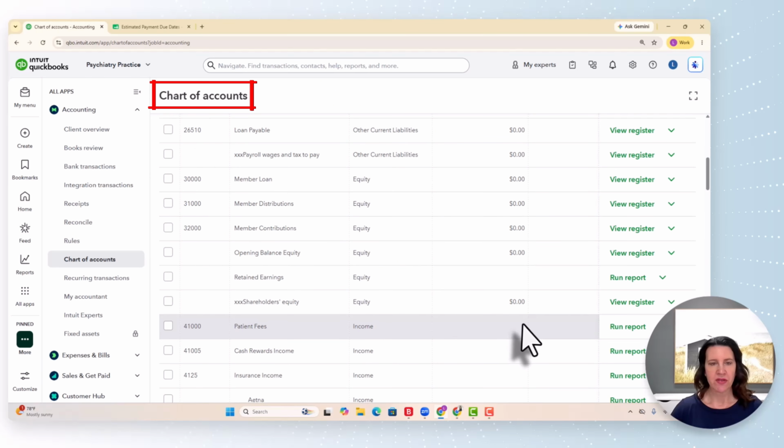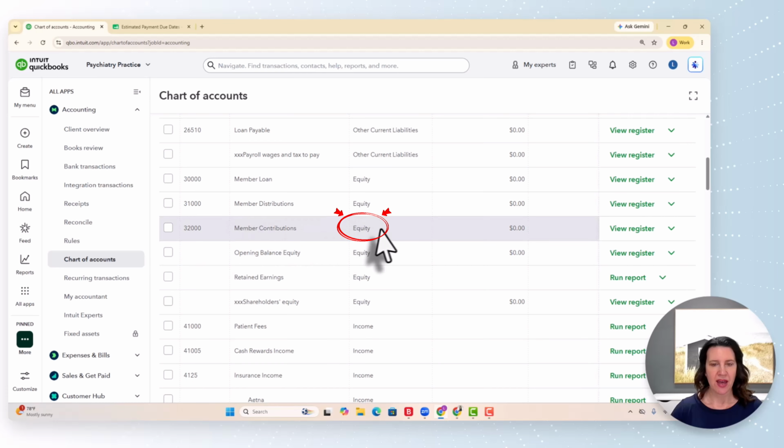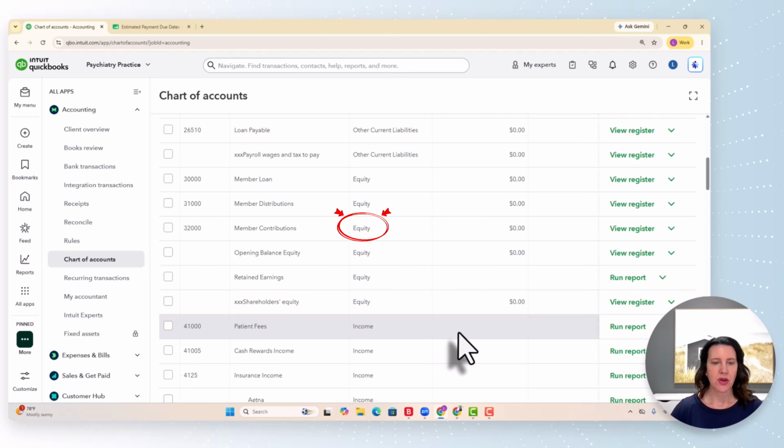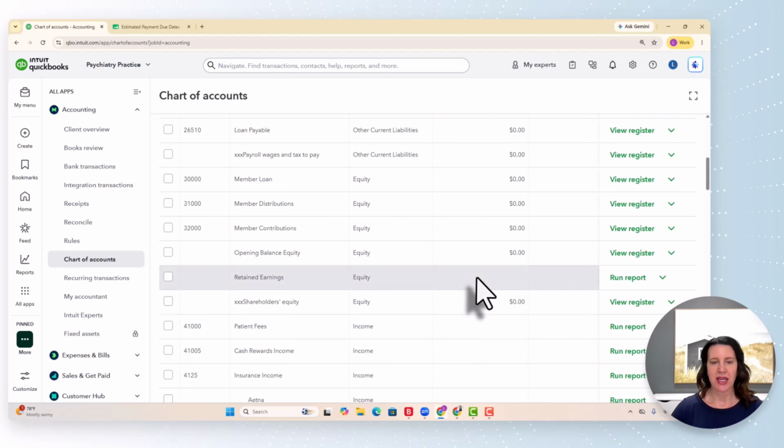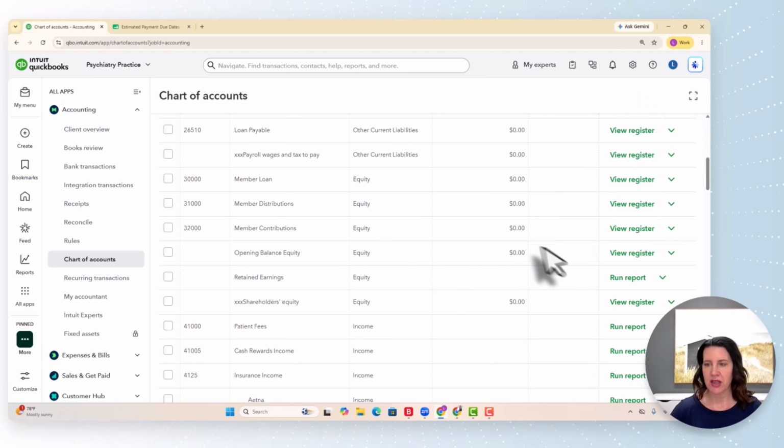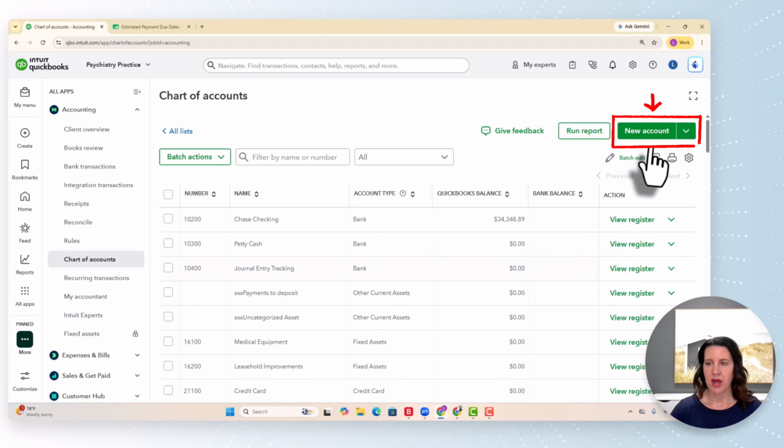So I'm in our chart of accounts and we have equity here. I technically like to make a distribution or draw account for each year, but we are only talking about the estimated payment portion right now.